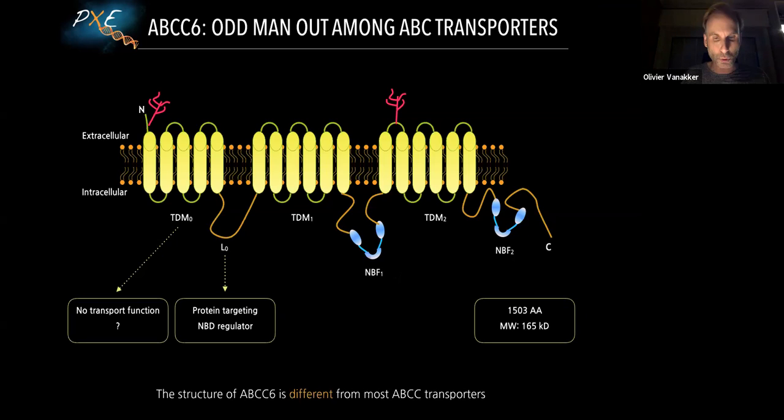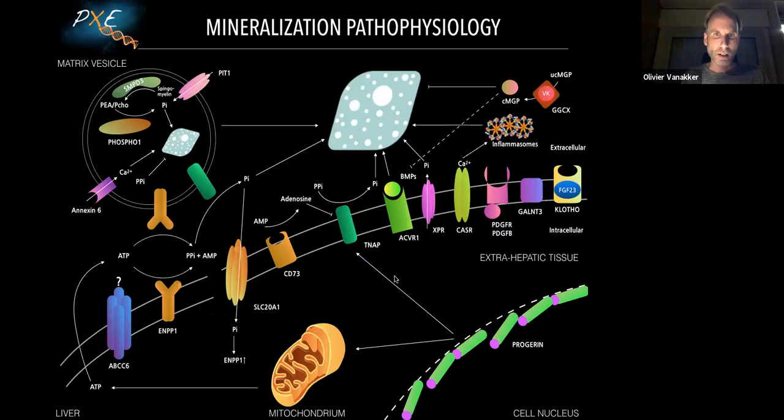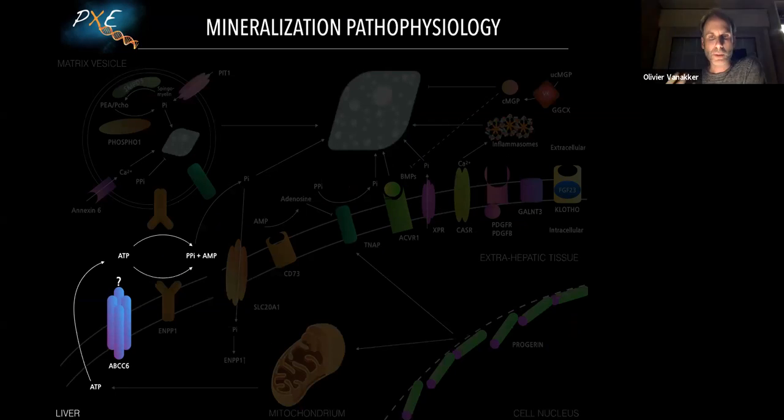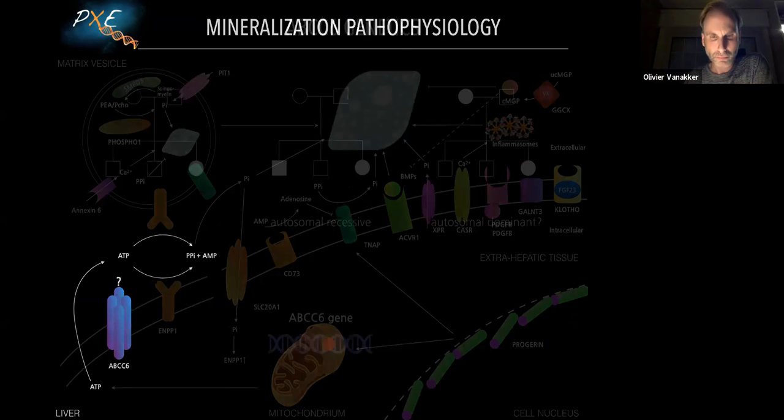We don't know what the substrate is, what it transports, and it works in a very complex set of mechanisms where, for example, the substance inorganic pyrophosphate, which is a calcification inhibitor, is very important. But as said, it is certainly not true that ABCC6 has given up all its secrets at the moment.